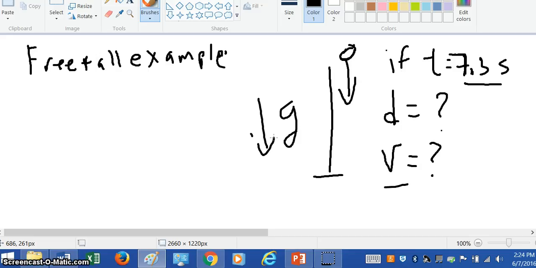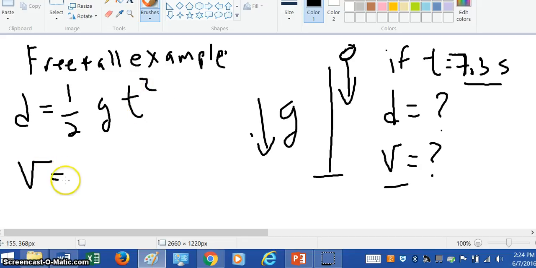So the distance is equal to 1/2 times little g times the time squared. And we also know that the velocity is going to equal little g times the time. And so that's literally it.